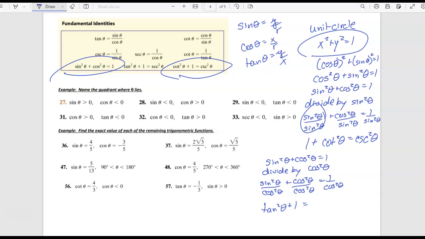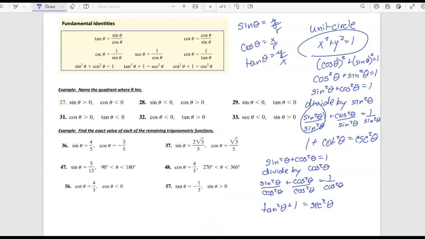Cosine divided by cosine is going to be 1. 1 over cosine squared theta is going to be secant squared theta, because that's the same thing as this, and this guy is secant. So just doing some fancy algebra there, and you can see that's where that guy comes from. So we have derived all of those different fundamental identities there.